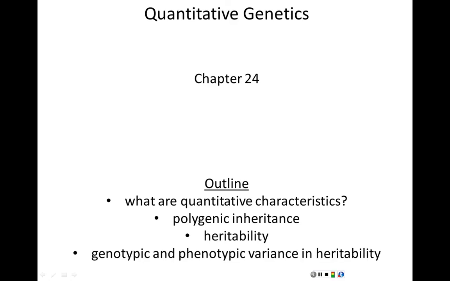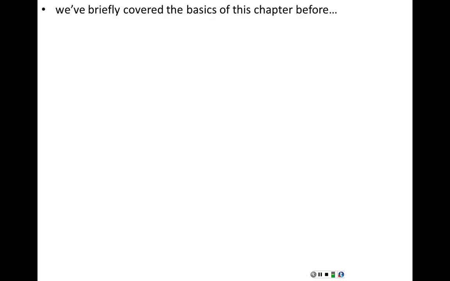We'll discuss the differences in variance between genotypic and phenotypic variances in this idea of heritability. And finally, we'll define where the limitations of this concept of heritability lie and what can and can't be inferred when one studies heritability. But all that will become clear as we go through the lecture.